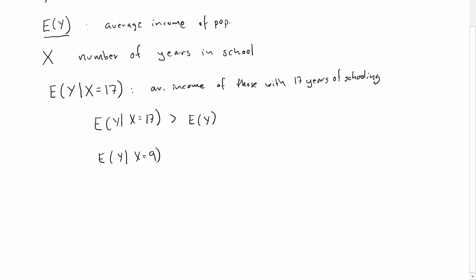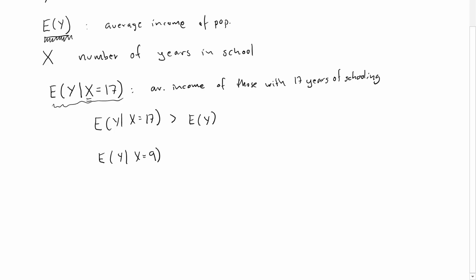So notice the difference. The expected value of y, you can think of as the average of the entire population, if it's possible to have a population concept in your mind. While this one is the expected value of y given that another random variable takes on a particular value. And the outcome of this second random variable x may very well change the expected value of y.